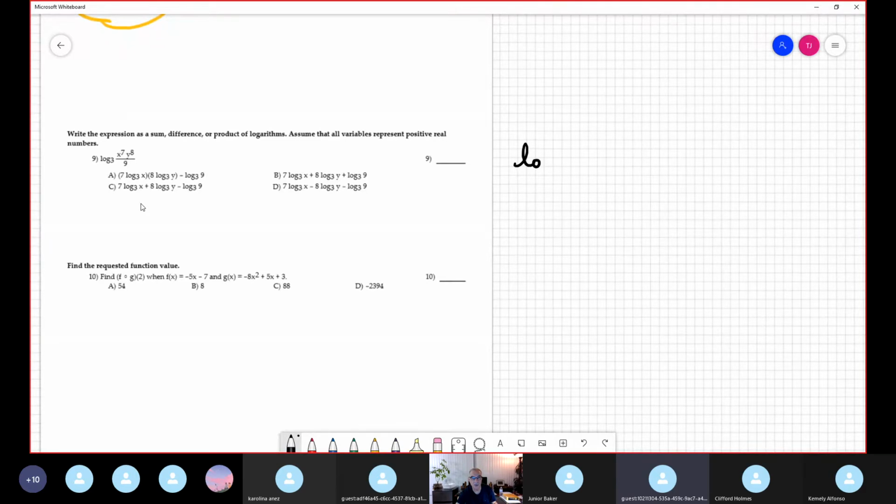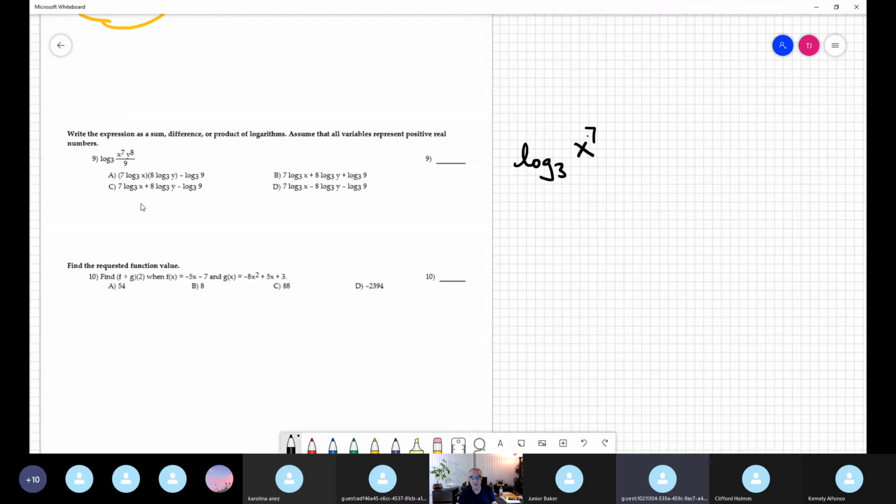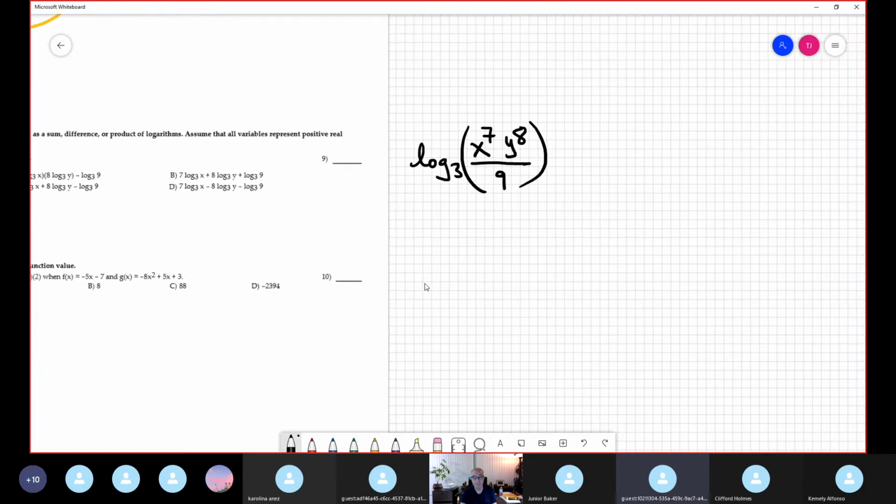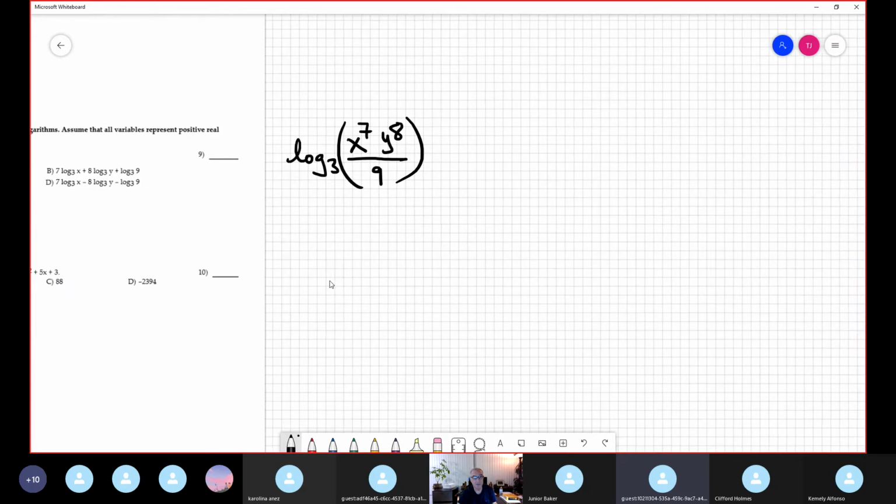It's logarithm base 3 of the expression x to the 7, y to the 8, divided by 9. Well, you apply properties number 5 and 6 together, and 7.